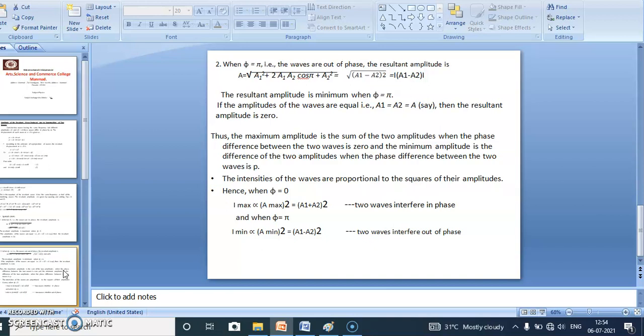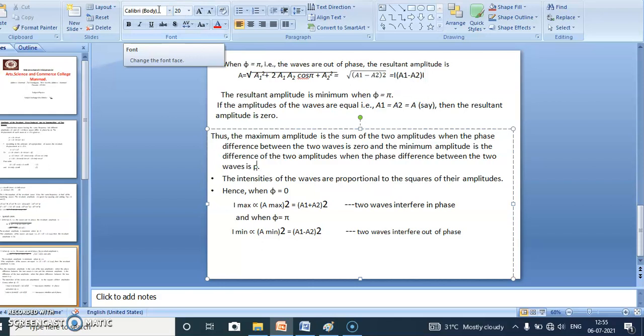Okay, then the maximum amplitude is the sum of the two amplitudes when the phase difference between the two waves is 0, and the minimum amplitude is the difference of the two amplitudes when the phase difference between the two waves is pi.